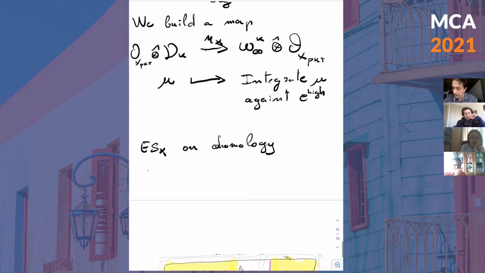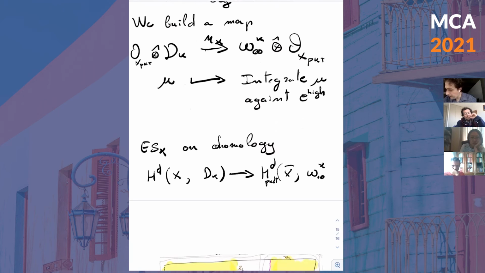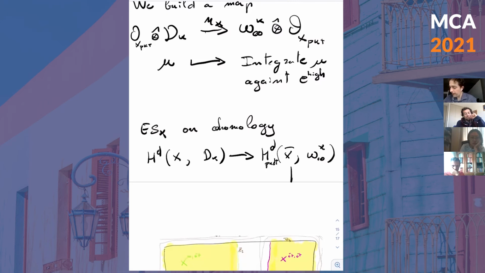So I get naturally a map from the H^d of X of these things here to the H^d of X-bar, Omega^infinity_kappa. And from here, I have the Hodge-Tate sequence that goes to the coherent cohomology, again, of my sheaf. Here there should be some V_kappa, Omega^infinity_kappa.